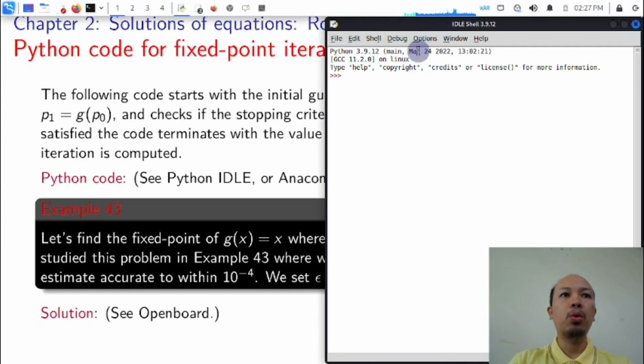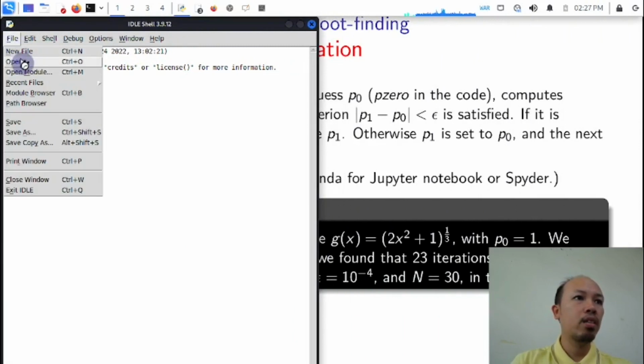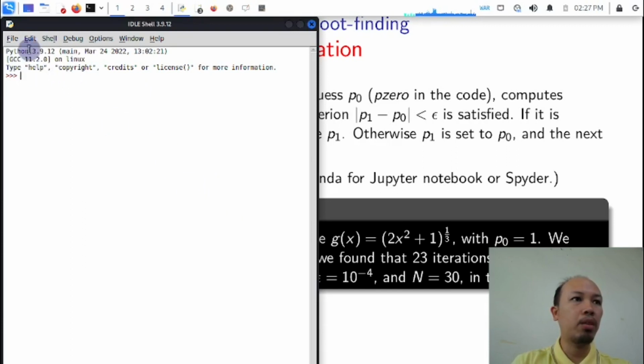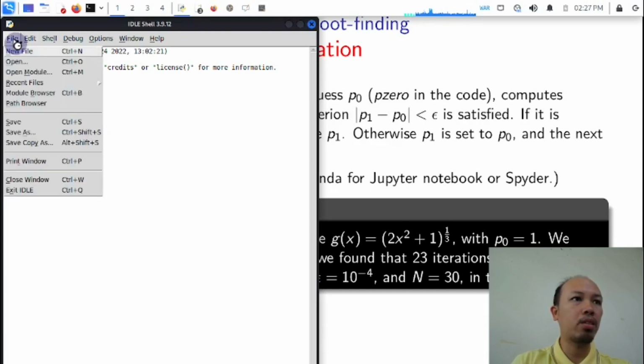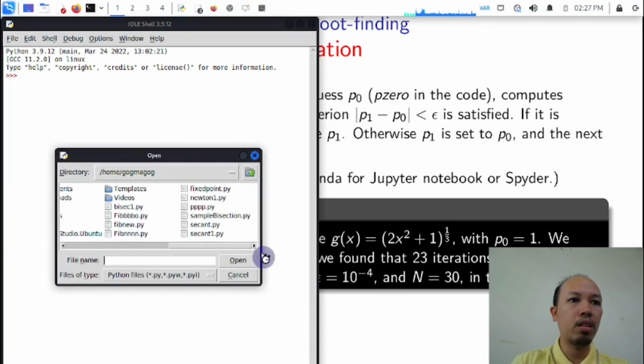I'm going to open a new file. Since I already encoded the Python code for the iteration method, I'm going to open this one here, fixed point.